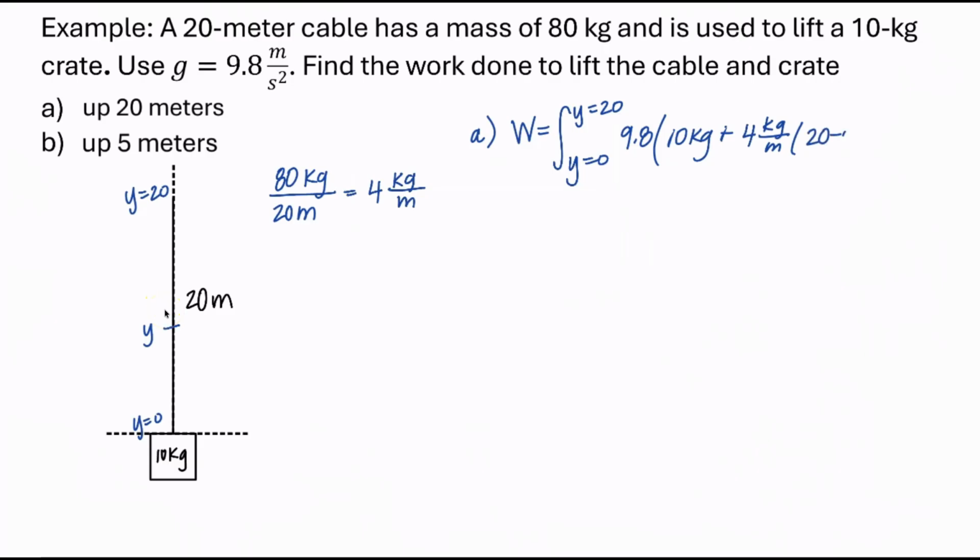So we're going to have 20 minus y meters dy. And so the meters are going to cancel, and I'm just going to end up with kilograms here, and then times that gravity so that it represents the weight as a force.